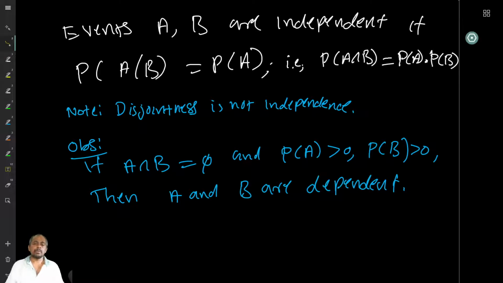For example, if I know that event A has happened, its complement, which is disjoint from it, would not have happened. For example, I toss a die and the outcome is an even number. Then of course I know that the complement, which is outcome is an odd number, could not have happened.